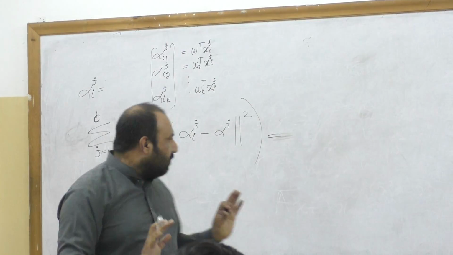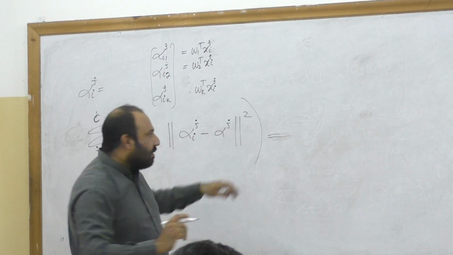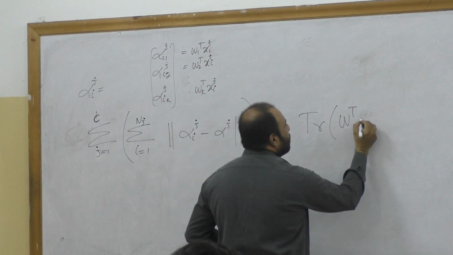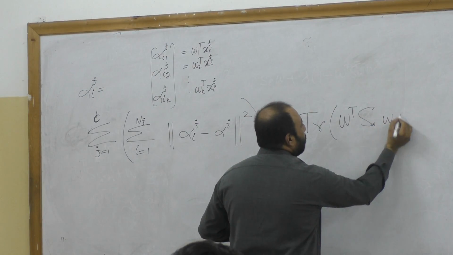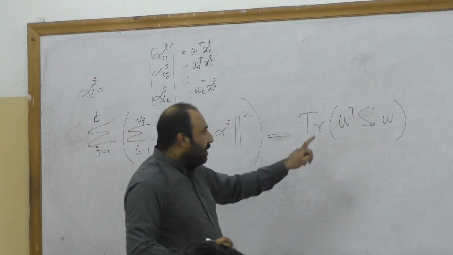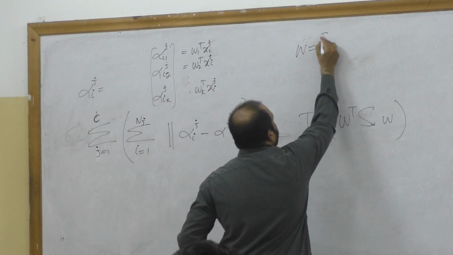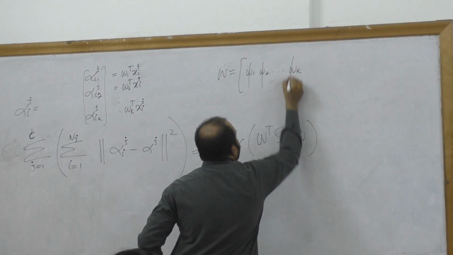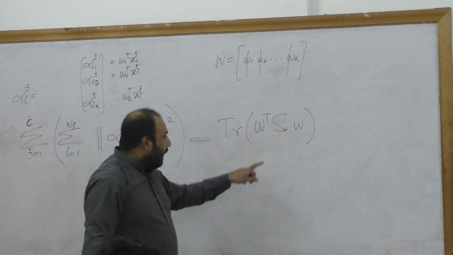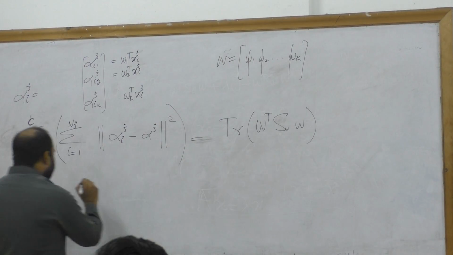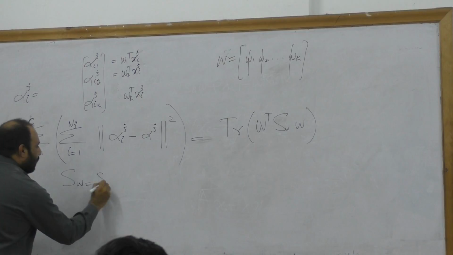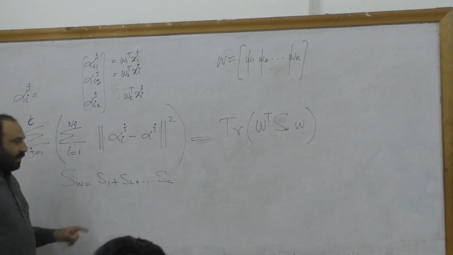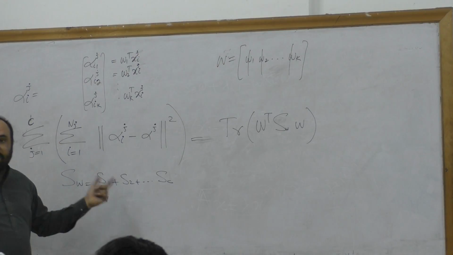Make sense? At the end of the day, this thing will appear as trace of W transpose SW W, where W is the following: W1, W2, up to WK. This is the matrix W, and SW is S1 plus S2 plus up to SC, and S1 has the same definition as before.